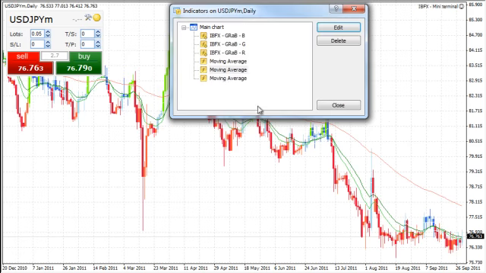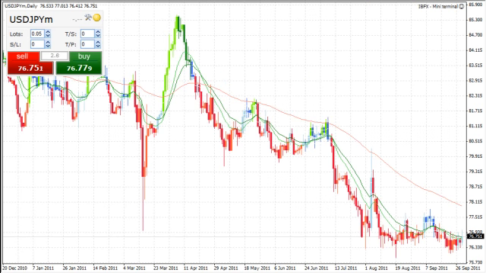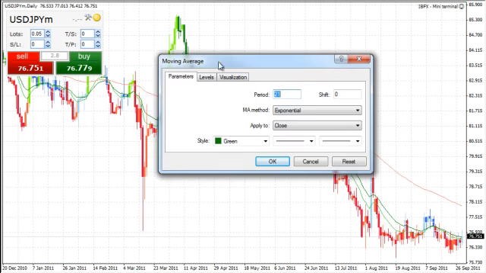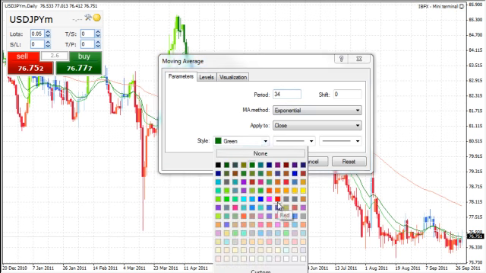Now, if you notice, I'm just editing the moving averages that I've already got on this chart. If you were to start fresh, like I'm sure some of you will, you'll go up into Insert Indicator, look at the overall heading on your platform, go to Insert Indicator. Moving averages are under the trending headline, so you can go there and bring up the window that way. We're going to bring up the 34 period exponential on the close. That one is going to be red.